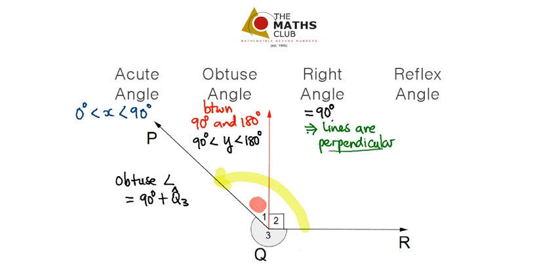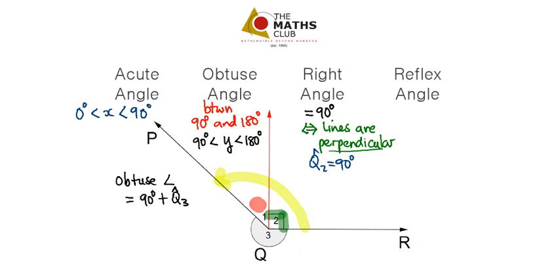If the lines form 90 degrees, it means that they are perpendicular. And of course, we do have an angle which is 90 degrees here. This is angle Q2, so angle Q2 is equal to 90 degrees.